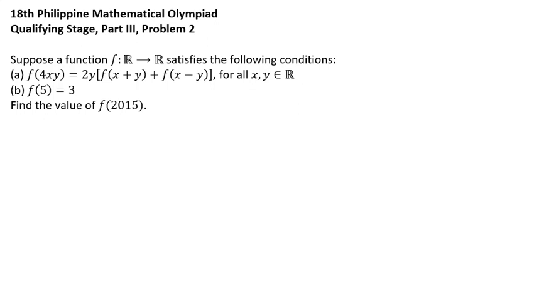Alright. Let us start by extracting some more information about the functional equation by plugging in some selected values of x and y. Let us start by letting x be equal to y be equal to 0.